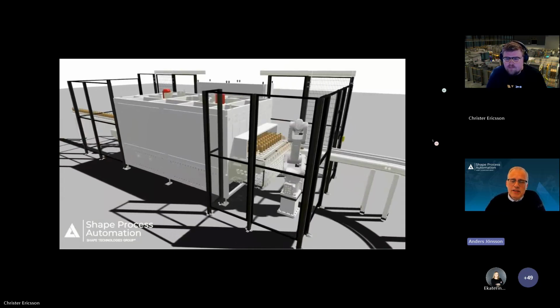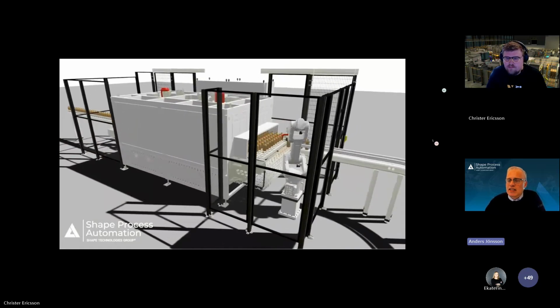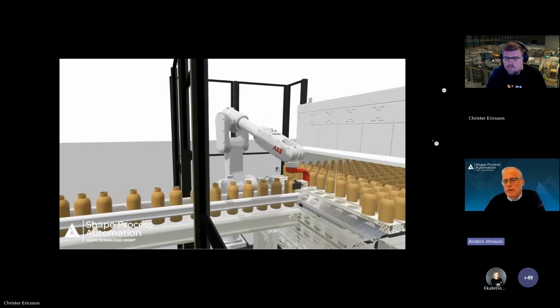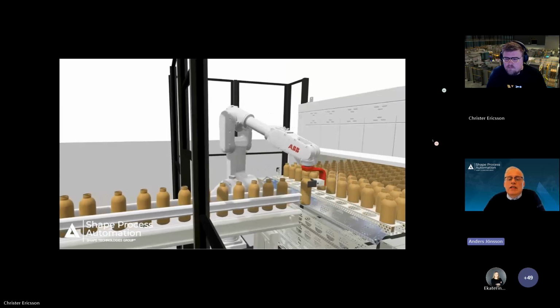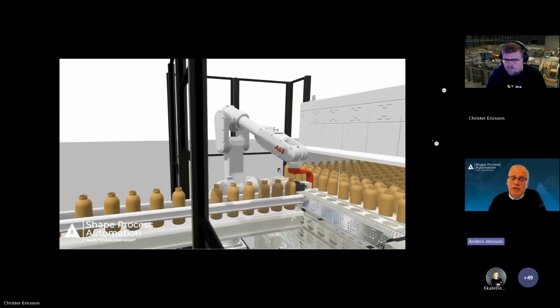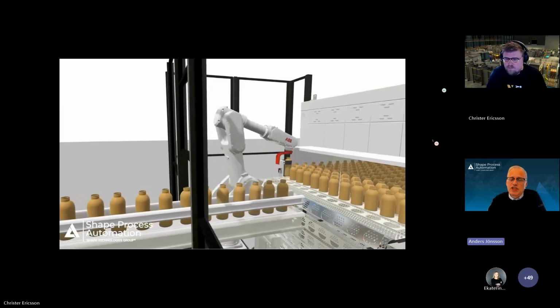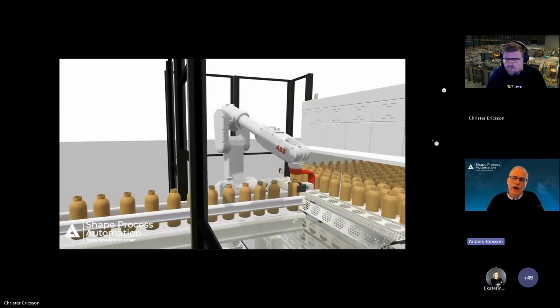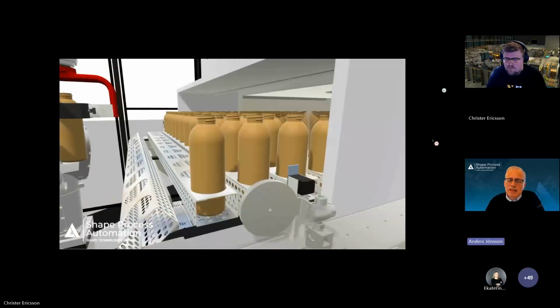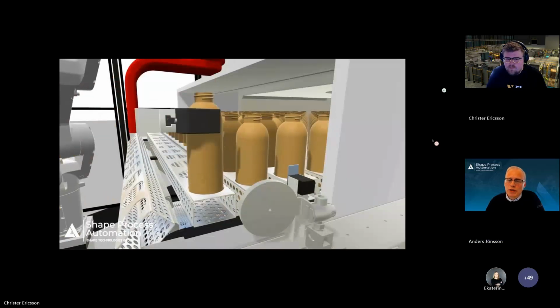So it's based on the standard, but extended or modified slightly. And then in the end, it gives a really nice presentation where the customer can see their machine exactly how it would look, so they understand immediately how this would work.